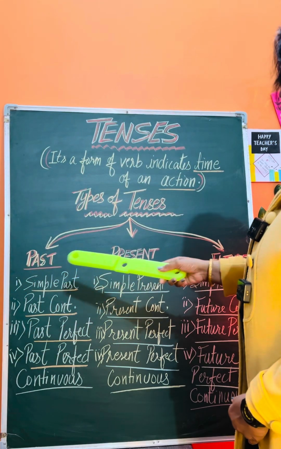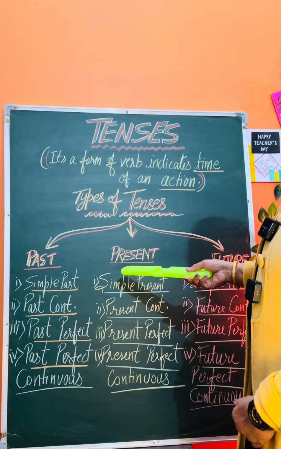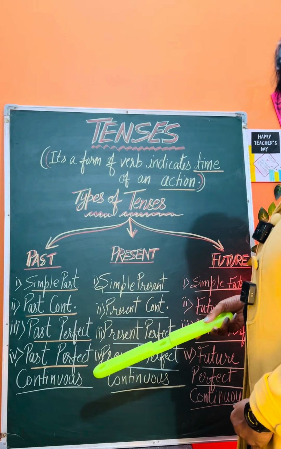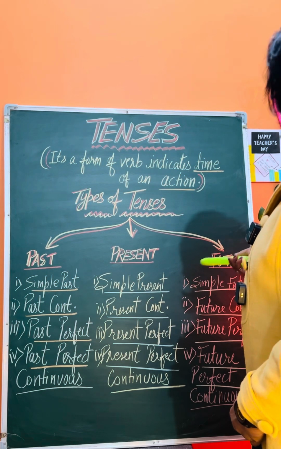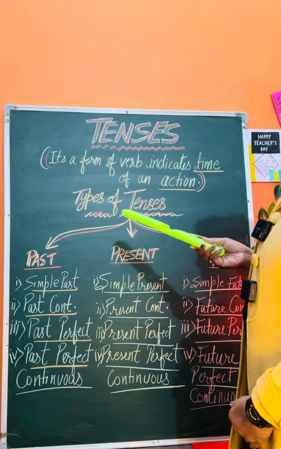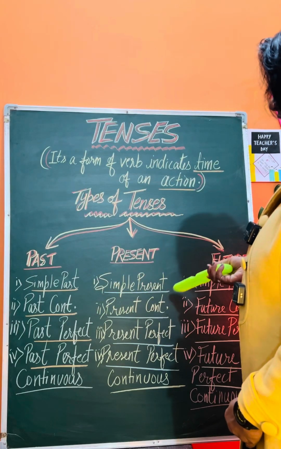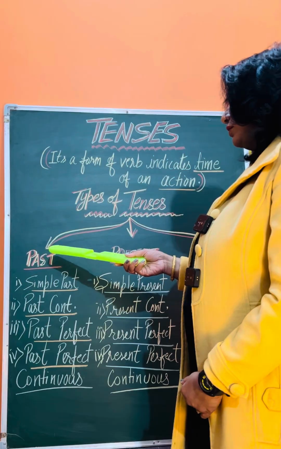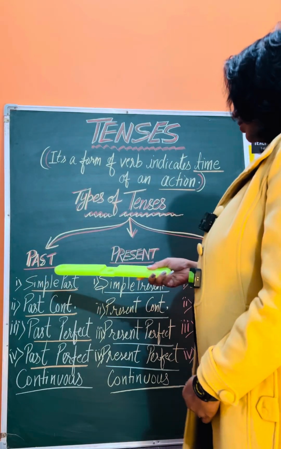Present tense refers to now, something going on right now. And future is for the upcoming time: upcoming days, upcoming month, upcoming year, right? Past is talking about the previous time.